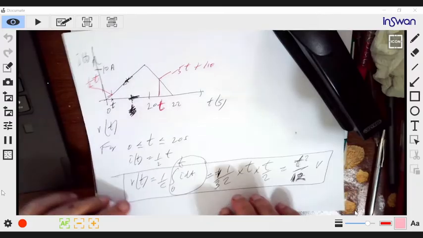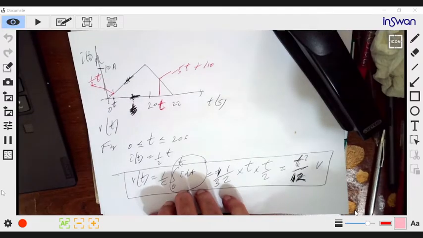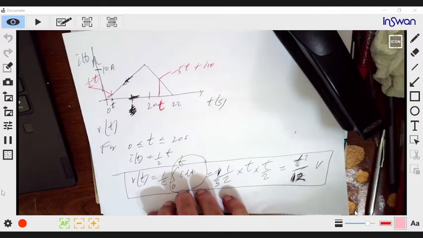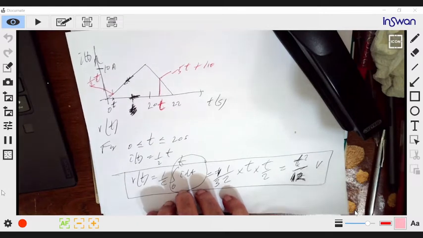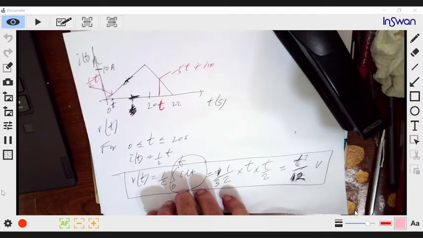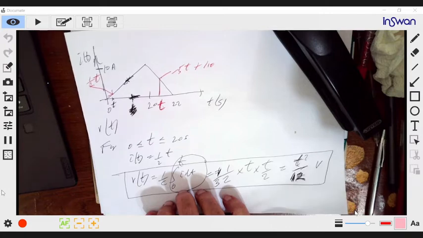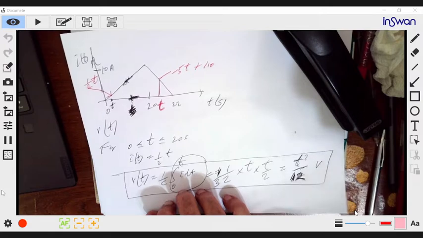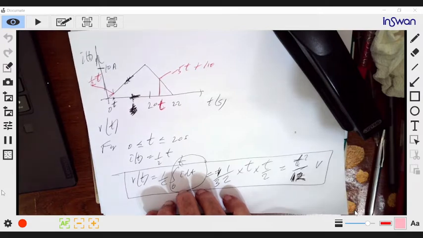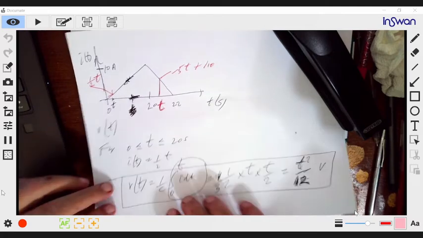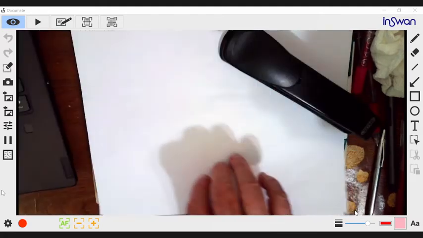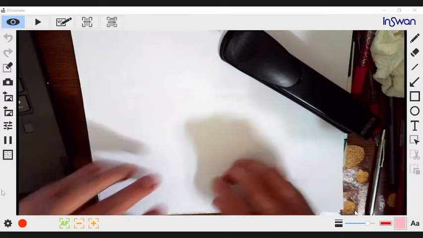The end of my graph is 22 seconds. After that, everything's zero. But I wanted to show you what happens after 22 seconds for the voltage, because the current ended at 22 seconds does not mean the voltage did. And in fact, it does not. Again, voltage is not proportional to current in a capacitor. Voltage is proportional to the area under the current. Okay, let me clean up now.